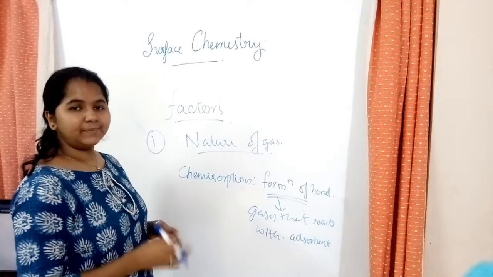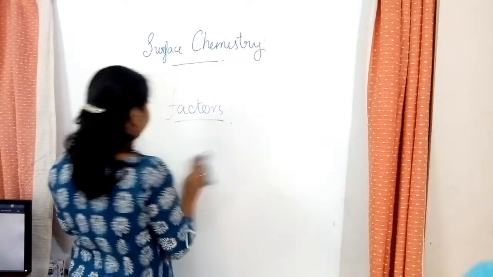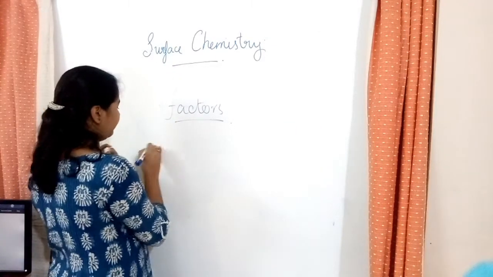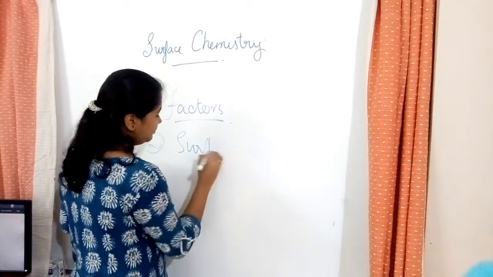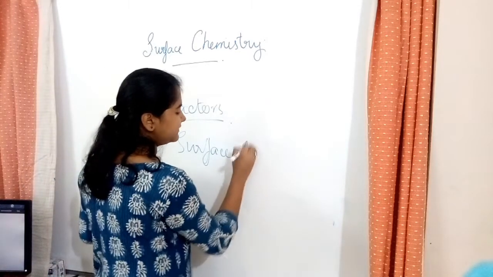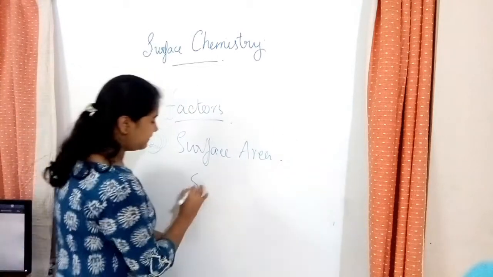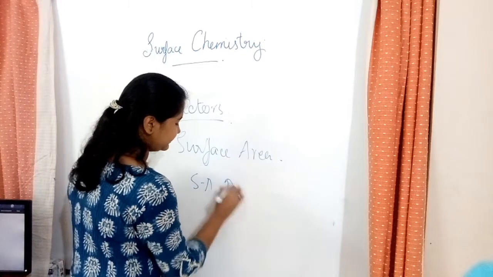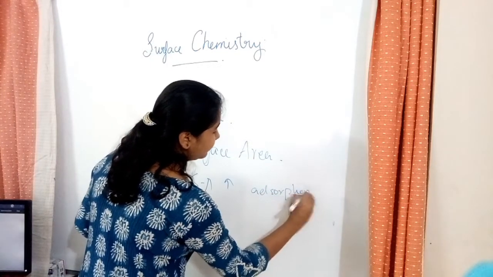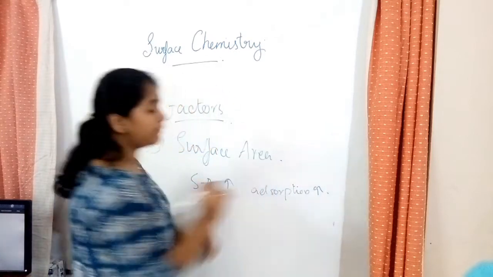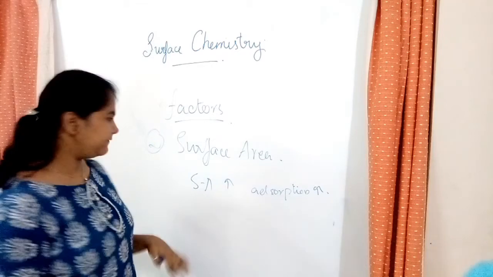Now we'll learn about the second factor, which is surface area. As surface area increases, adsorption increases for both chemisorption and physisorption.